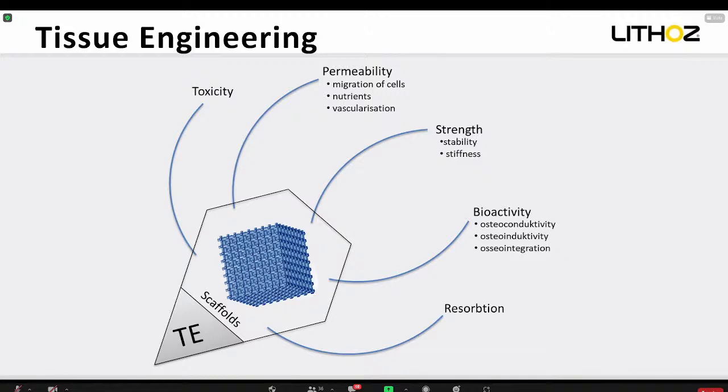If you implant it, the human body is capable of resorbing the material and remodeling it into actual bone tissue, making it very interesting if you want to replace damaged bone after traumatic injury or tumor resection or other things. And the very interesting thing about 3D printing here is that you can provide a very complex and defined geometry, especially when it comes to porosity and interconnectivity of pores.